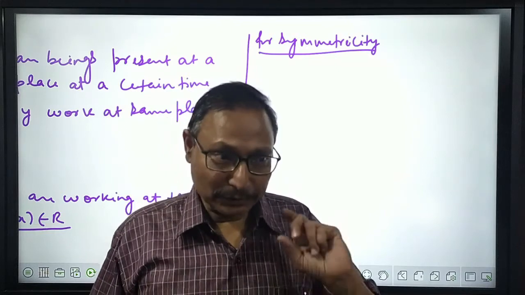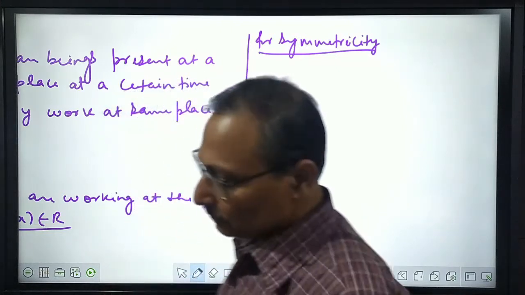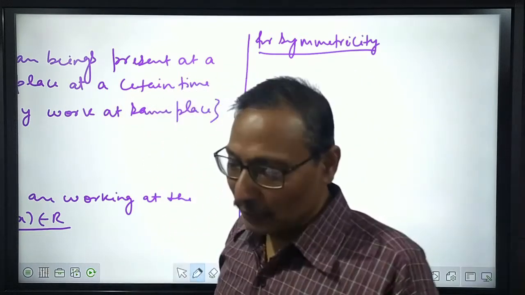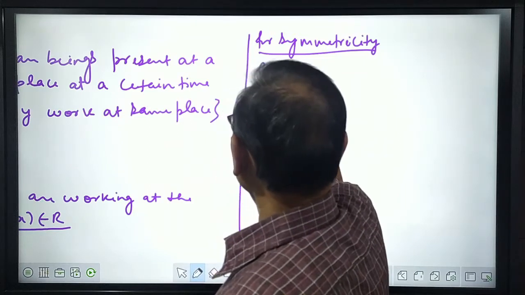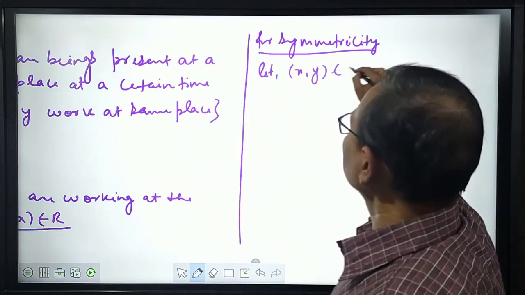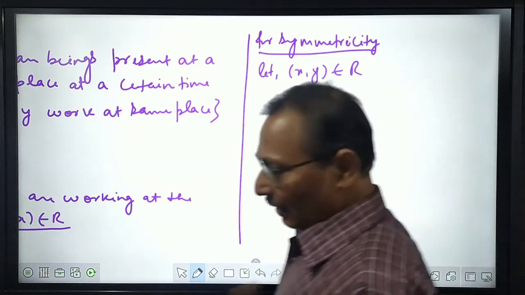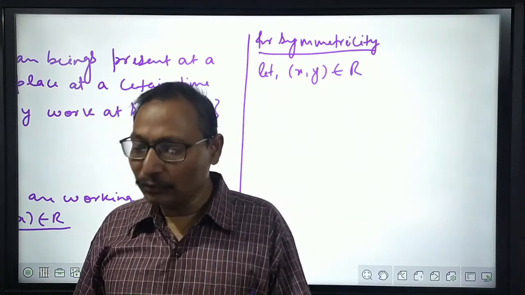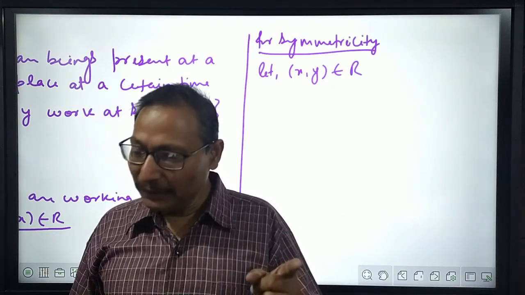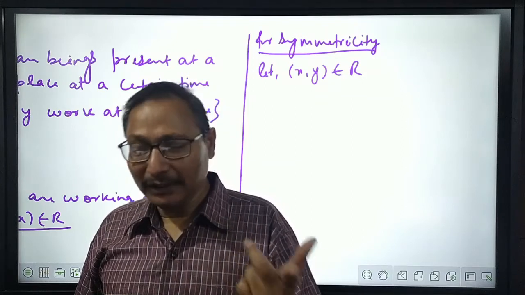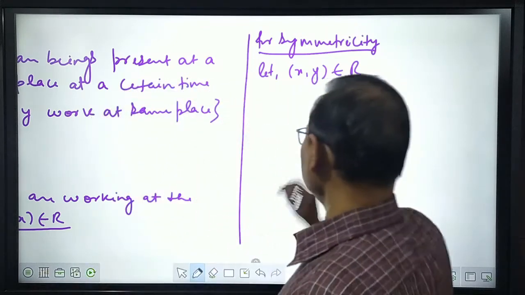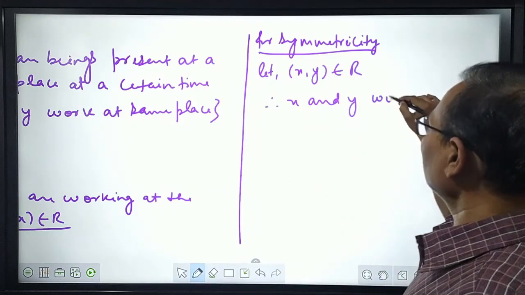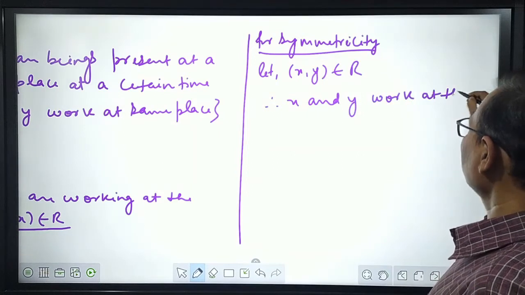So first of all, you think about a pair which belongs to R. So let x comma y belong to R, and the condition provided is this: x comma y can belong to R only when the first one x and the second one y are working at the same place. We can say x and y work at the same place.